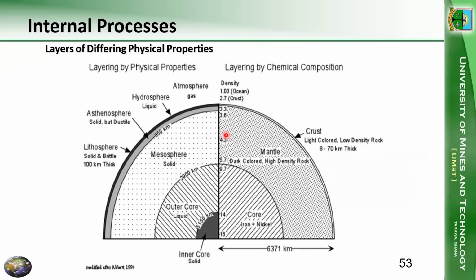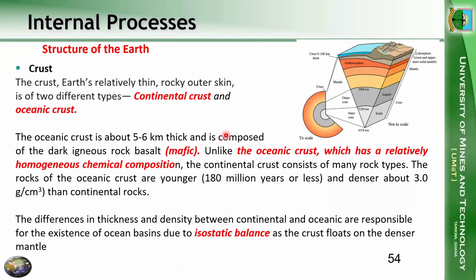So we already discussed the fact that we have the continental crust and the oceanic crust. The oceanic crust goes to about 5 to 6 kilometers thick. The continental crust, of course, is much thicker than that. The oceanic crust is dark colored, made up of dark igneous rock called basalt.